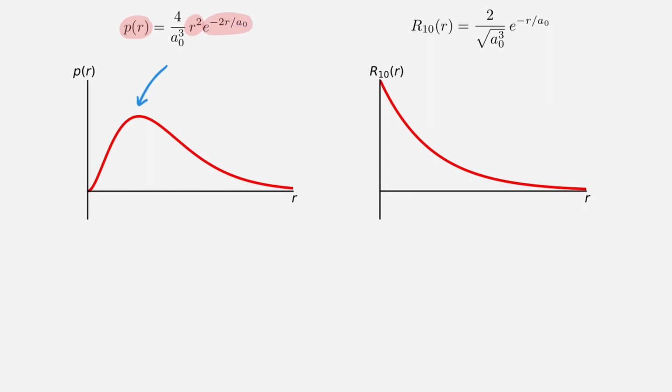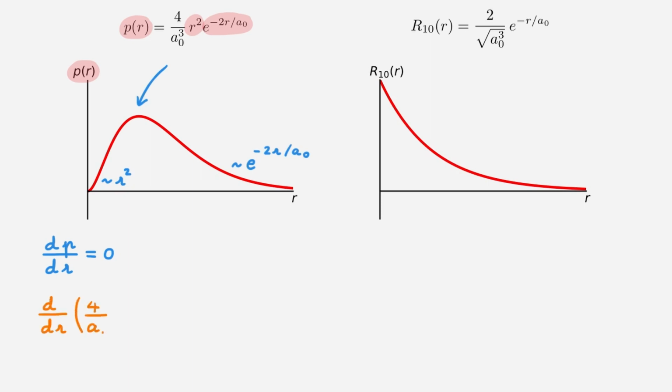The combination of these two effects leads to this diagram, where the volume effects dominate at low radii, and the exponential decay takes over for larger radii, with a turnover point in the middle that leads to a maximum in the probability density. To find the location of this maximum, all we need to do is to evaluate the derivative of p and set it equal to 0.